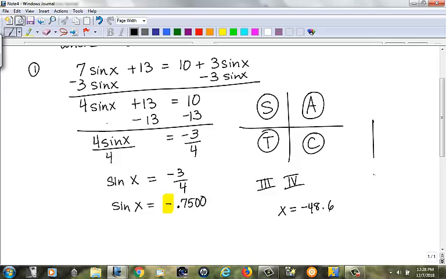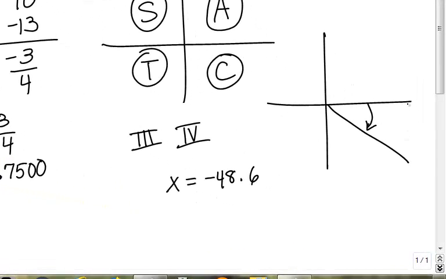Okay, and picture-wise, if we were doing it, we'd start here on the positive side, and a negative 48 would put us down here. But our answer can't be negative. Our answer has to be between 0 and 360.